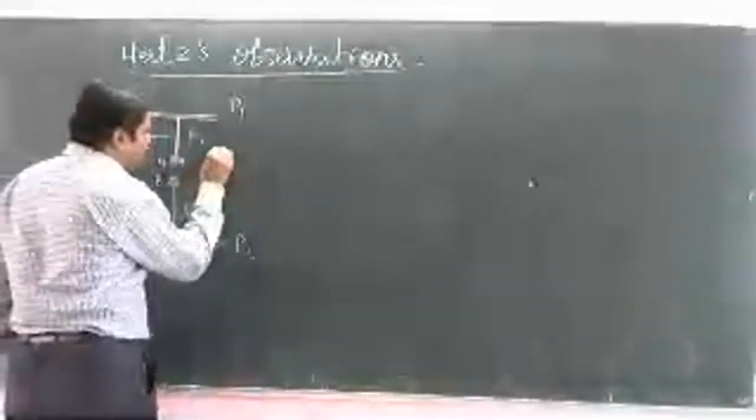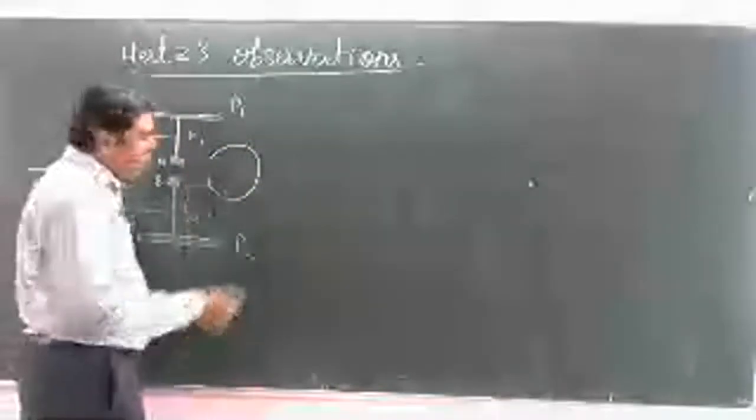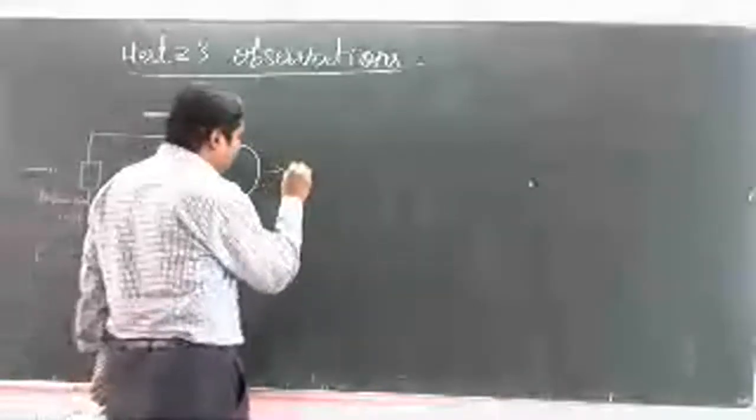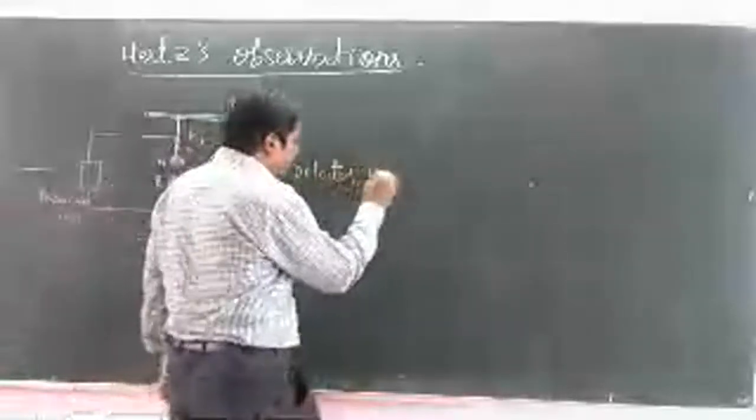We have a metal loop here, usually called the detector loop.